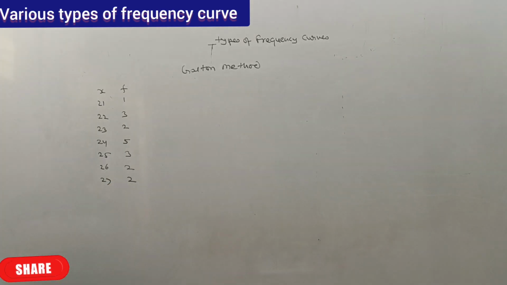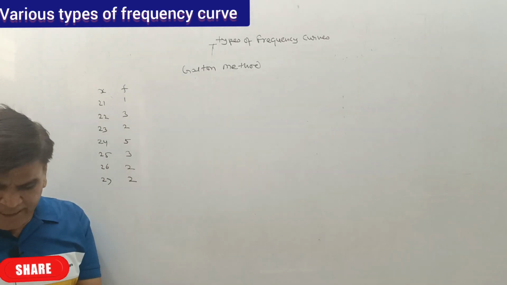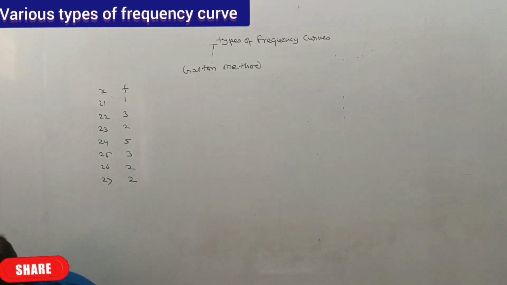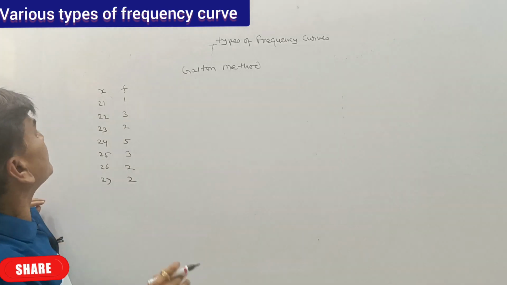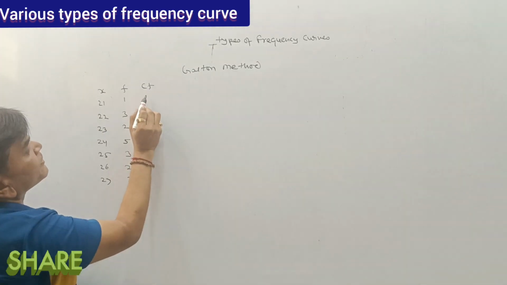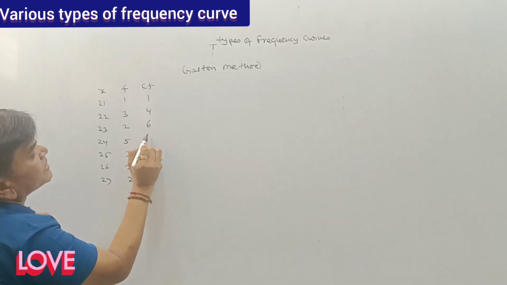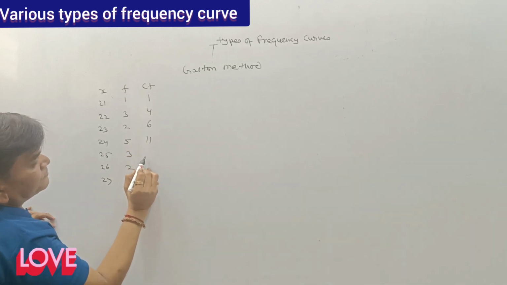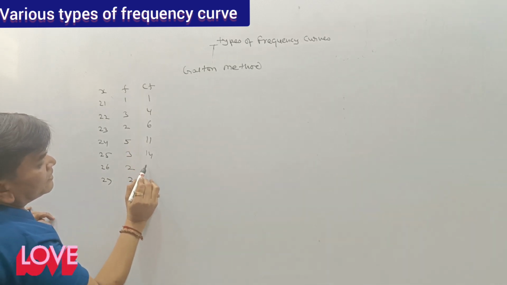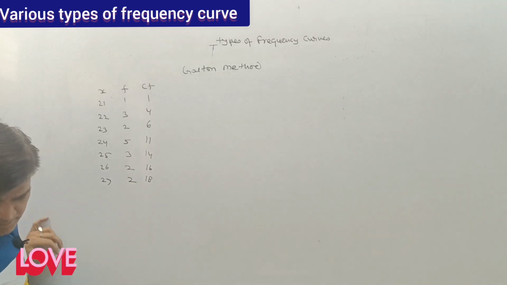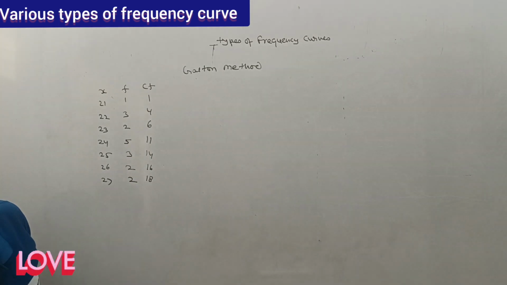In the Galton method, we change the frequency into percentage and get the median value with the help of the percentage. We will calculate cumulative frequency: 1, 4, 6, 11, 14, 16, 18. So the total value is 18.